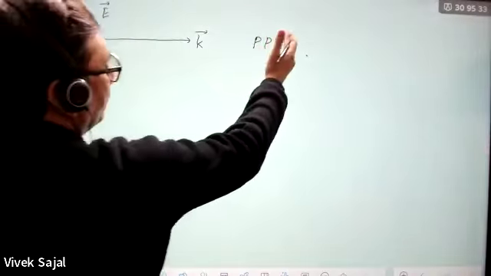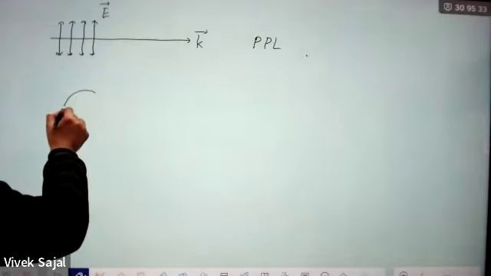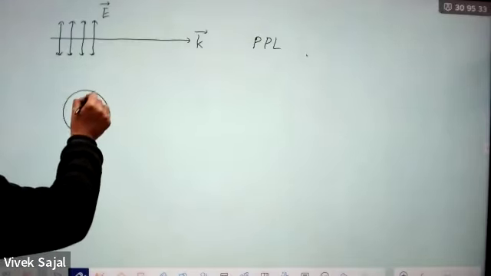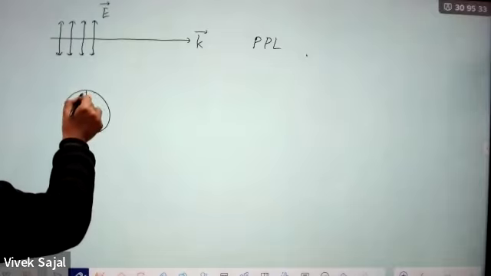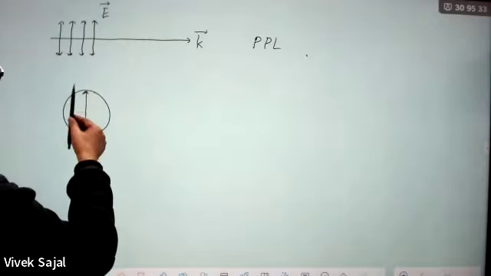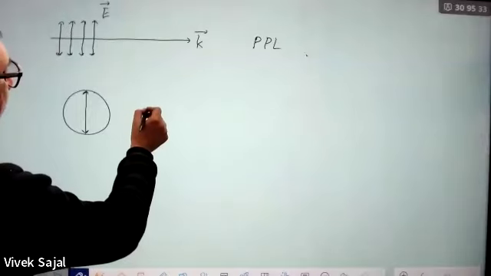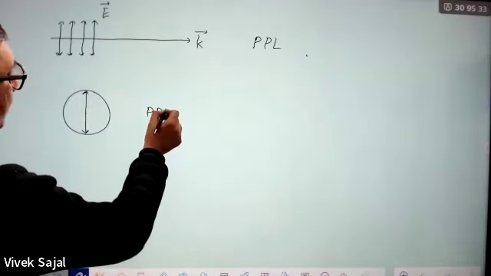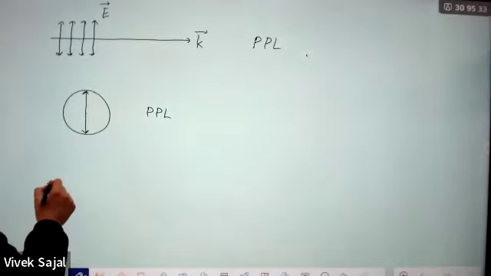If you are looking from the front side or from the back side, then plane polarized light can be represented like this. In this plane, the wave is propagating inward or outward, and all the electric vectors are confined like this. So this is another way to represent plane polarized light. Apart from this, there is another way.